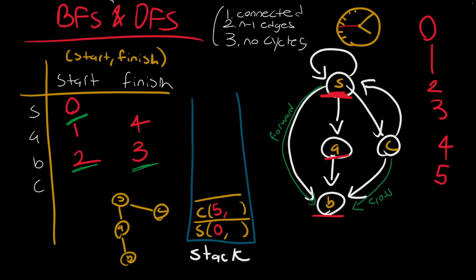See, look. B isn't above it, and B isn't below it in the tree. There's no orange line we have here, no yellow-orange line that's connecting to C in the tree. Therefore, this edge that we're not putting in the tree is a cross edge.